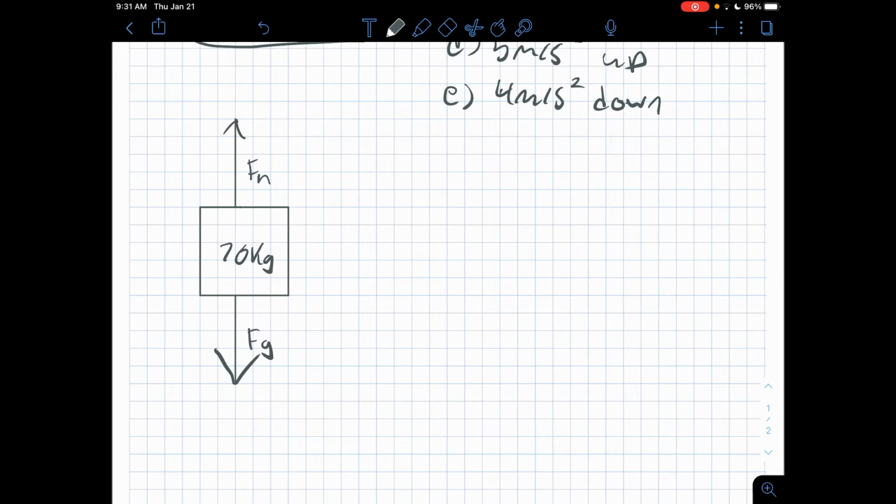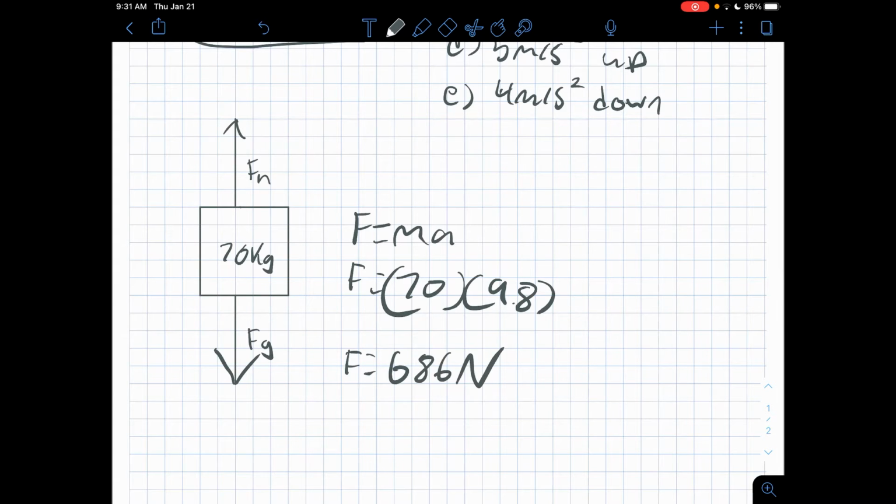So what will the scale read here? Well, the scale will simply read the person's mass times the acceleration of gravity. So we can use the formula F equals ma. We can go F equals 70 times 9.8, and we can get F equals 686 newtons.